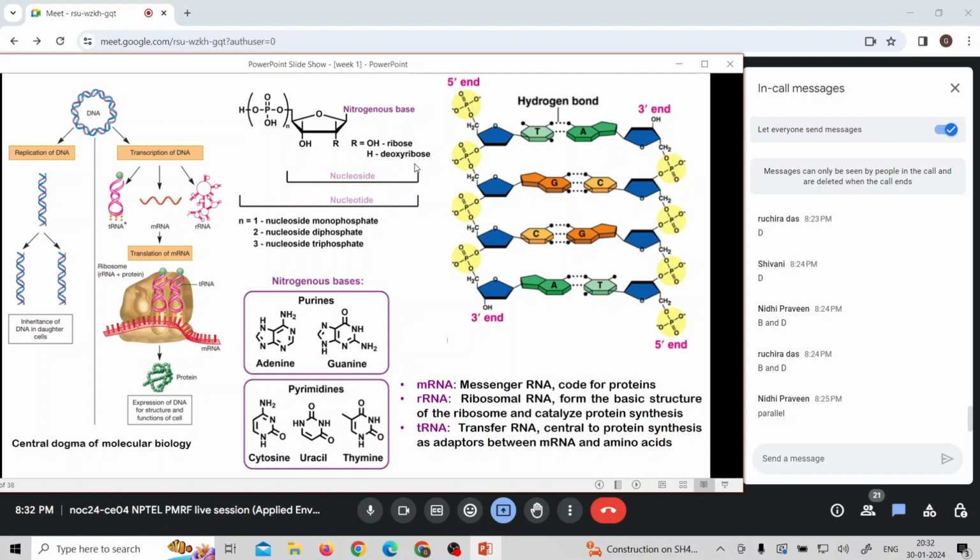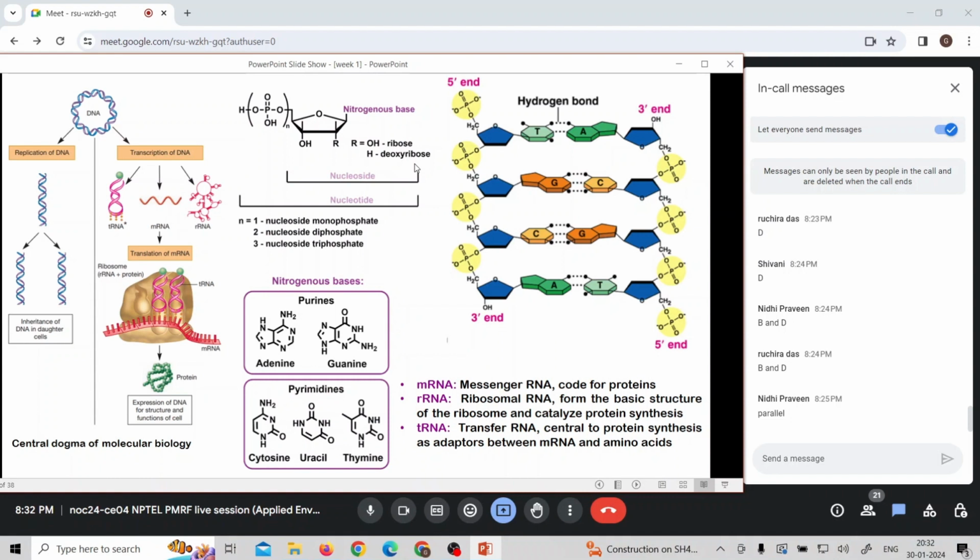And one more key feature in this double helix bonding is that always adenine pairs with thymine in a DNA, and cytosine pairs with guanine. So a purine and a pyrimidine only will bond together, and they will bond using the hydrogen bond.